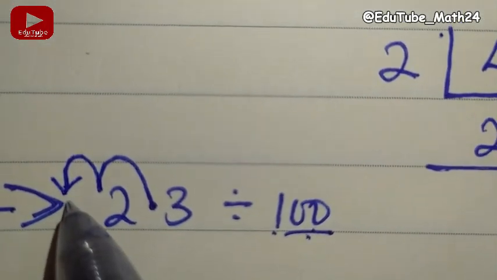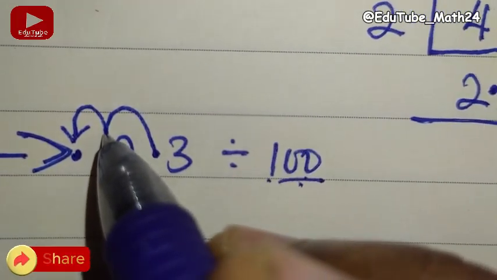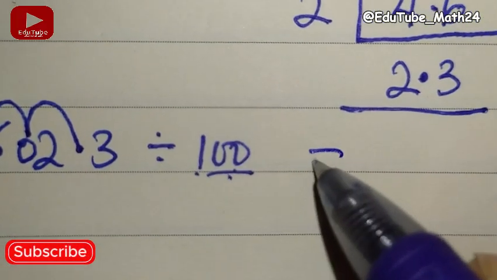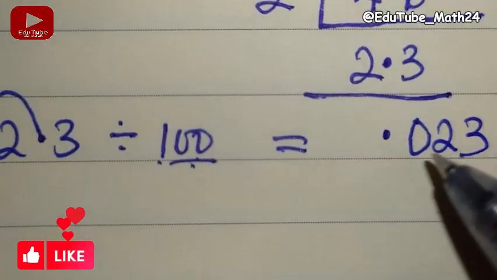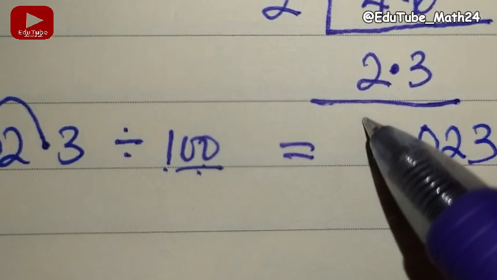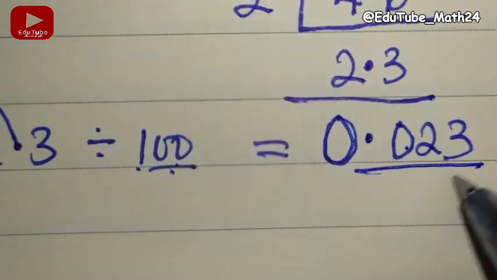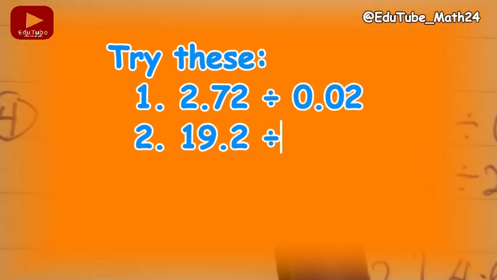That means my point is stopping here. Then what will happen to this space next to the point? It will turn to 0. So my new number will be 0.023. So basically, my answer is 0.023. So that is that on how to divide decimal numbers by multiples of 10.